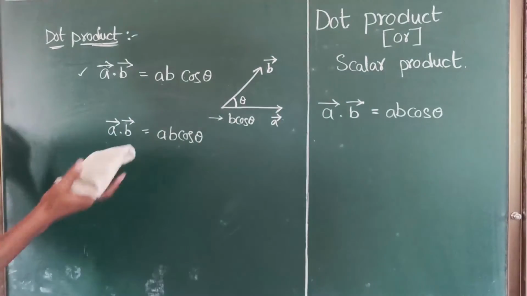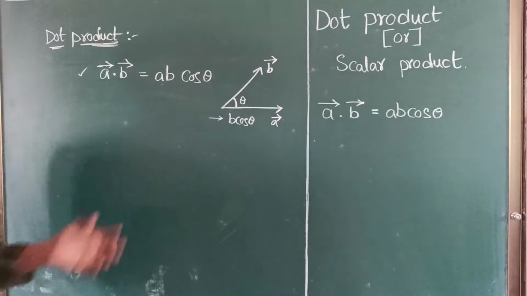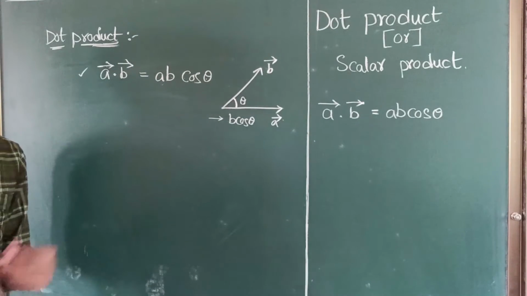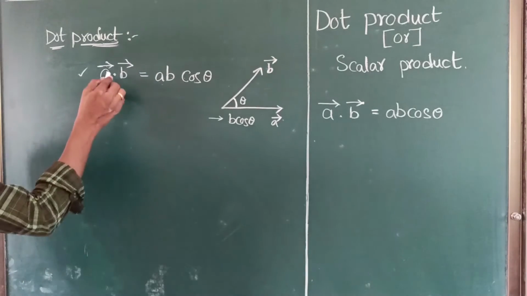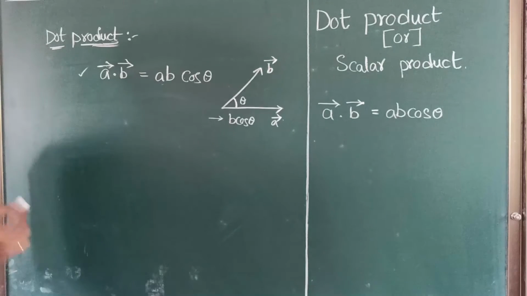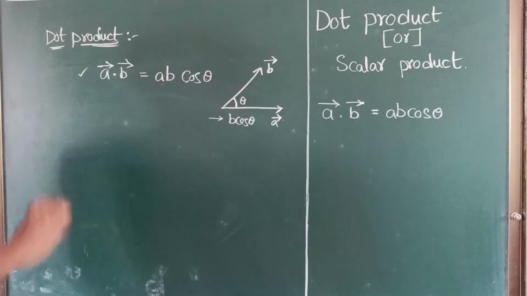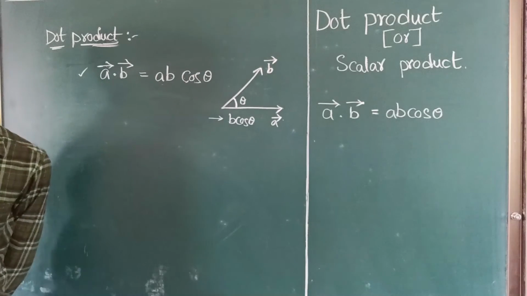From this formula, a bar dot b bar equal to ab cos theta, we can find out the angle between the two vectors. Suppose they have given a bar vector and b bar vector, and the magnitude of a and magnitude of b, we can find it very easily, and they will ask you to find the angle between the two vectors.